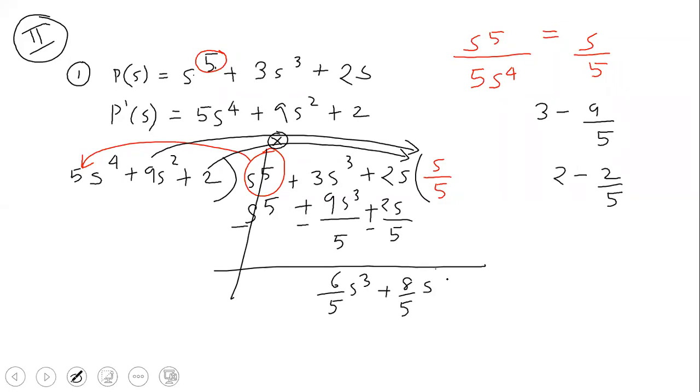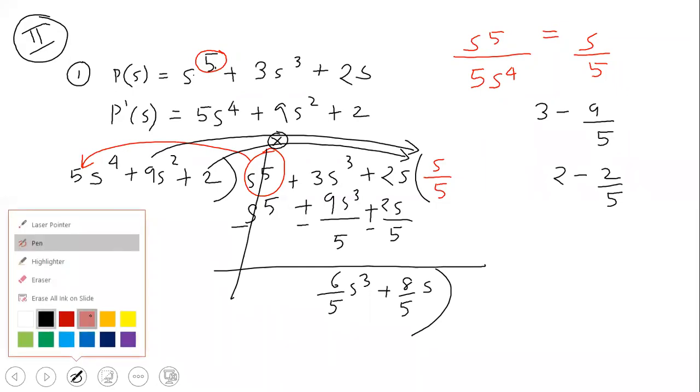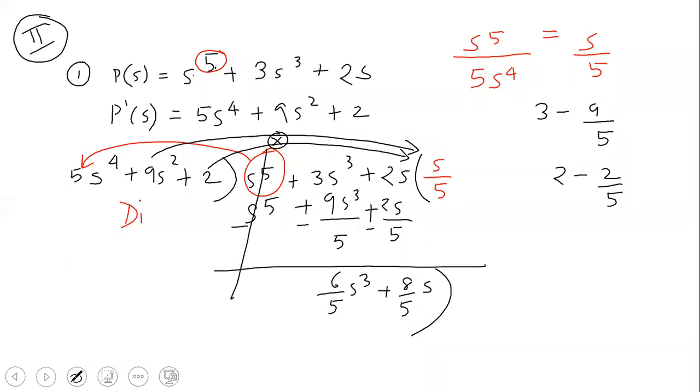और जो आपका रिमाइंडर है वही आपका डिविडेंड बन जाता है. सॉरी, आपका डिवाइजर बन जाता है जो आपका रिमाइंडर है. और जो आपका डिवाइजर था, so I hope you know the names. This is the divisor, this is the dividend, and obviously this is nothing but the quotient, and this is nothing but the remainder.